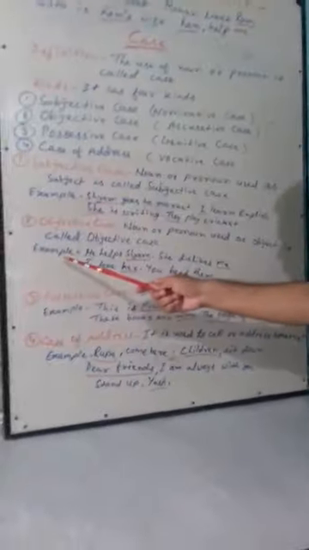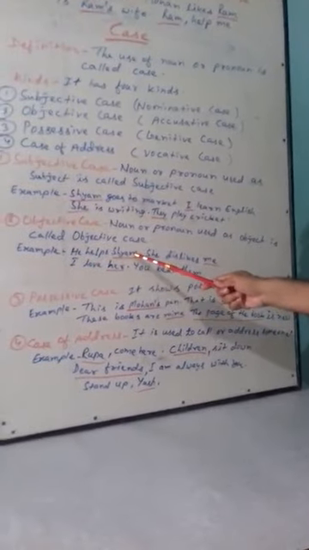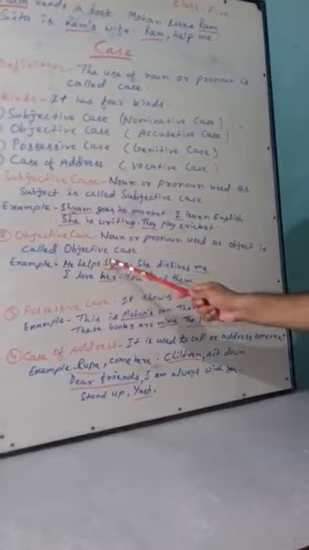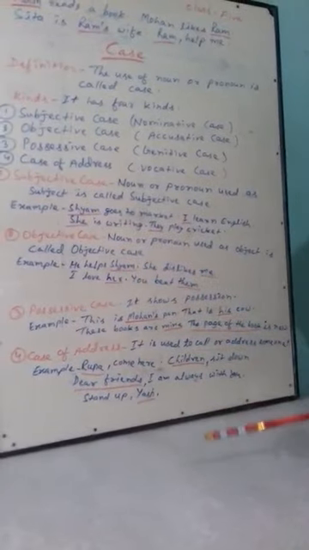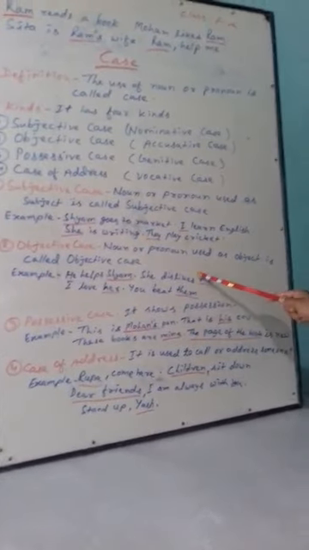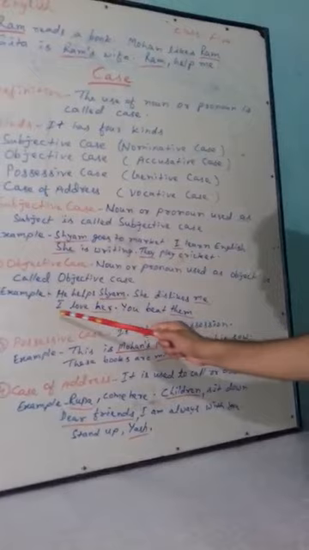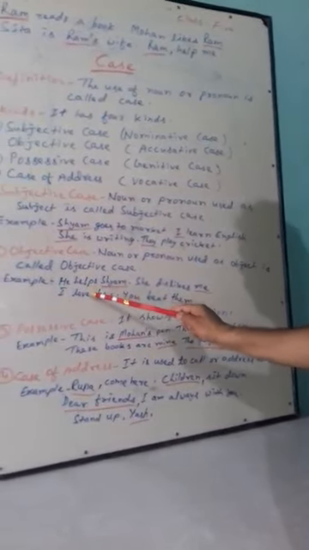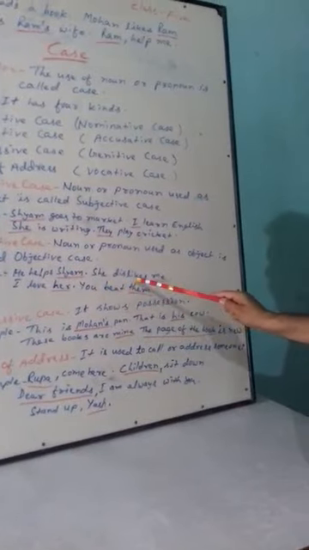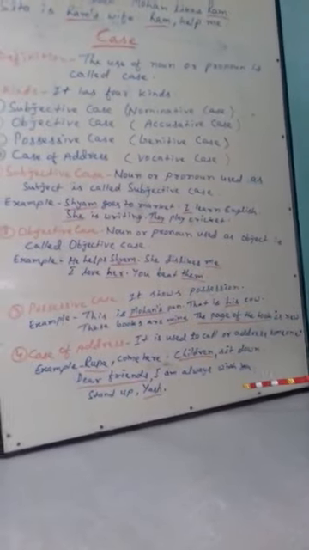We should see examples. He helps Shyam. Here Shyam is the object. So Shyam is in objective case. She dislikes me. Here me is objective case. I love her. Her is the object of this sentence. Her is in objective case. You beat them. Them is in objective case.